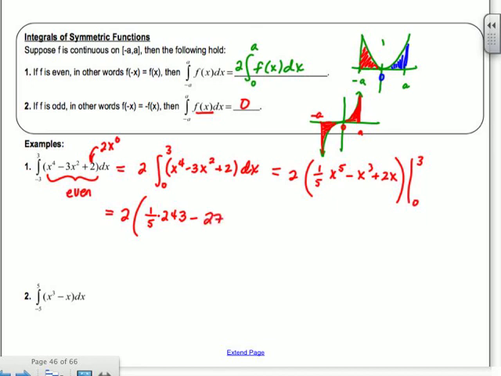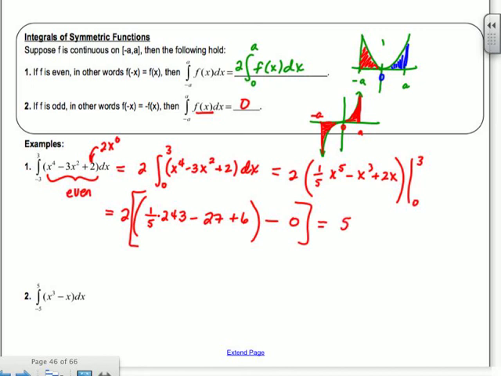Why would it be 0 to 3, not negative? Because we're using this rule up here. So if it's even, instead of going from negative a to a, we just do from 0 to a and then we double it. Because they're the exact same values. They're both positive integrals that are the same number.